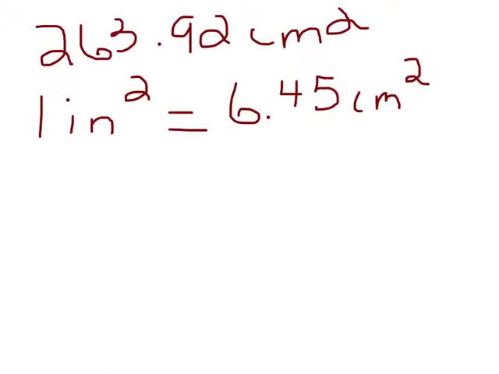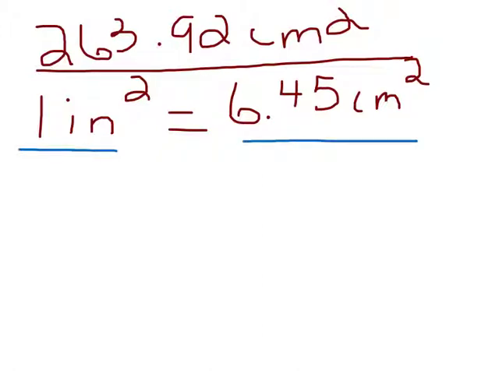Okay, now I'm ready for the price. So if I look at my conversion, I just wrote the 263 up here so I had it. 1 square inch is equal to 6.45 centimeters squared. So if you remember from the beginning of the class, when we looked at proportions, I can just make a proportion and cross multiply. I'm trying to figure out the inches, so I can make that x. And I have the 263.92 centimeters squared.